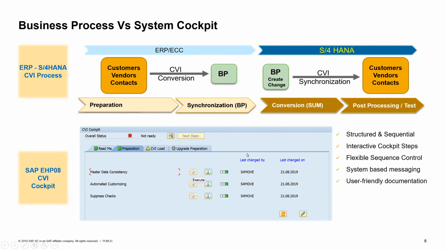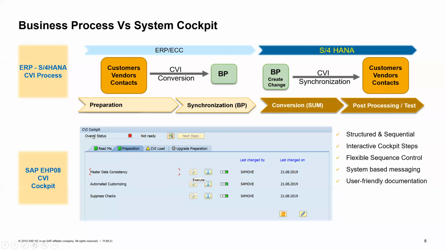I'll walk you through in the system what exactly we mean by that, which basically points to the fact that the overall status of the CVI cockpit will not be green unless all the KNA1 records and LFA1 records, meaning the customer and vendor master data records, have a business partner assigned against them. Unless that has been achieved in the system, the messaging from the CVI cockpit will still show as not ready, no matter what you set in the statuses manually.